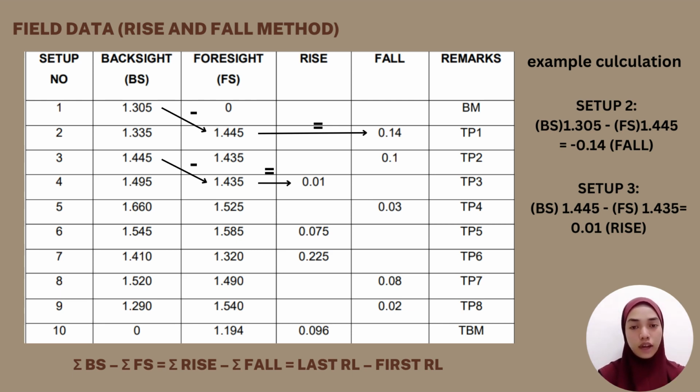Another example, in setup 3, the backside is 1.445, minus the front side 1.435, equal to 0.01. So the answer is positive, so that will be rise, because the answer is positive.